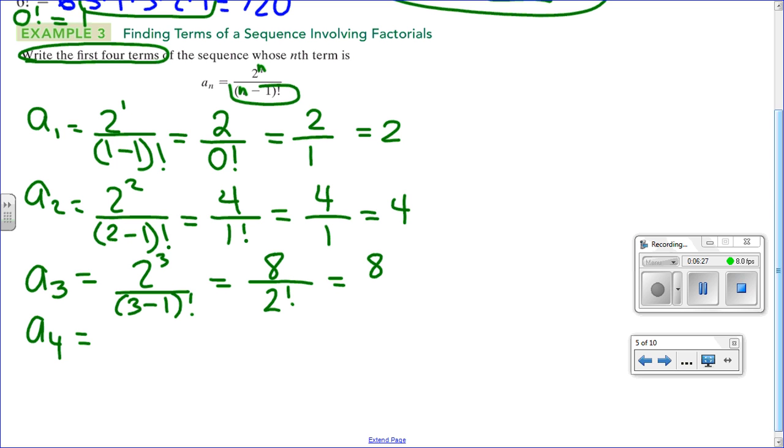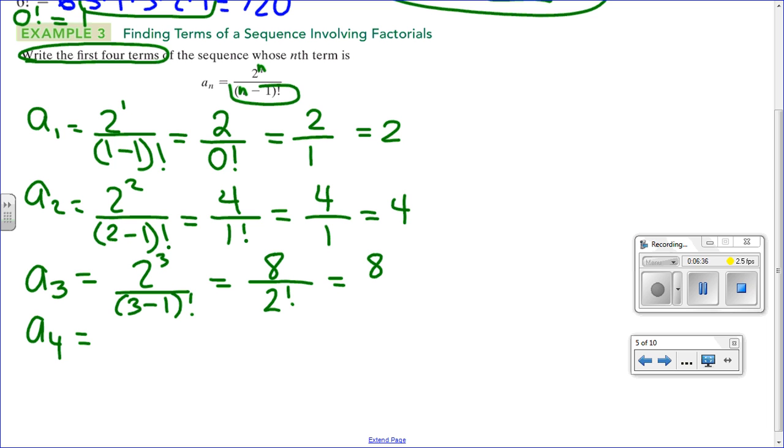I'll show you now. There are some options here. And so for example, let's say I want to put 4 factorial. So it's 4.